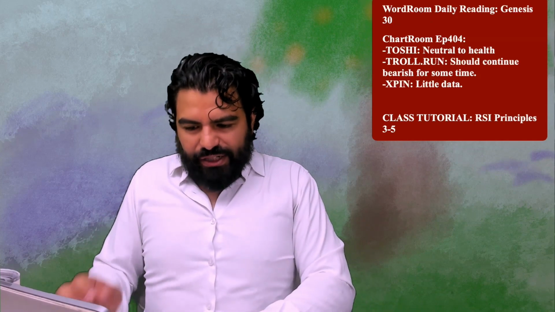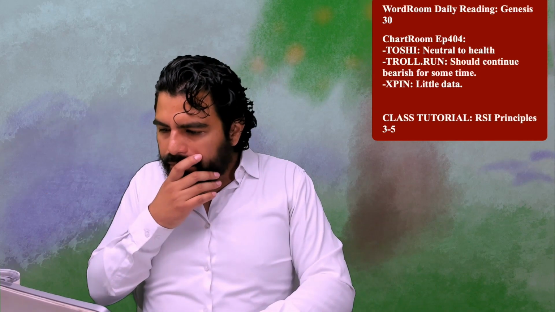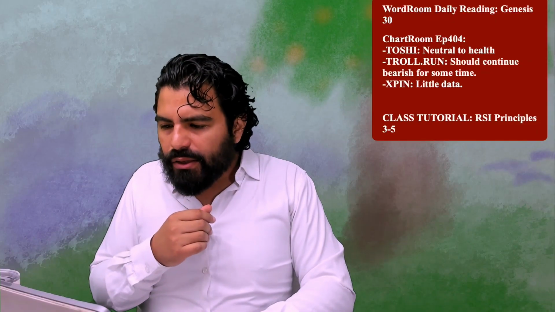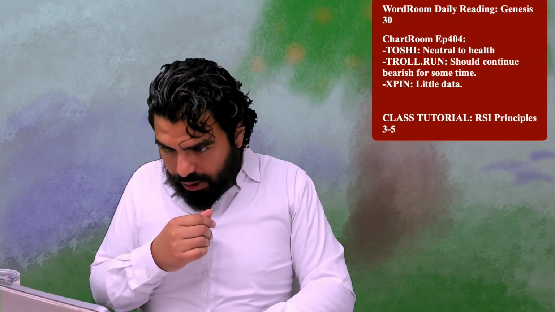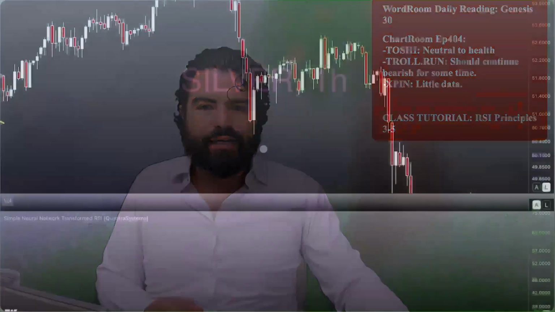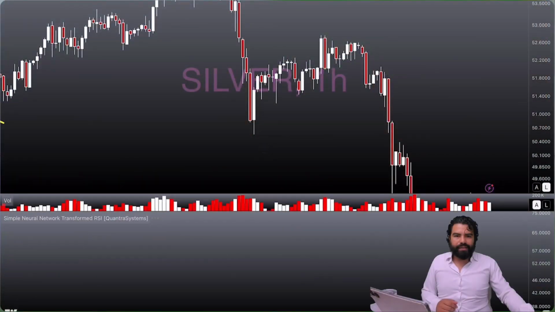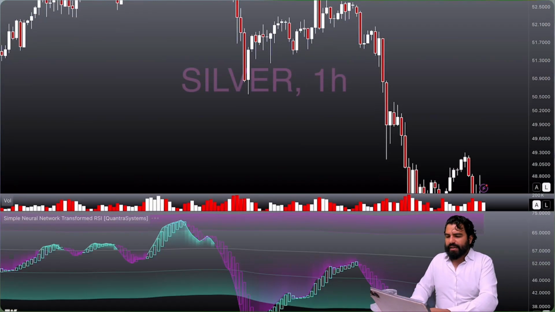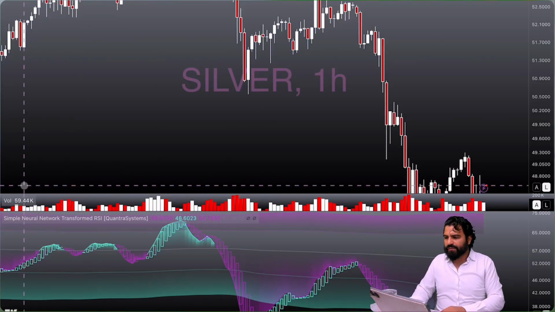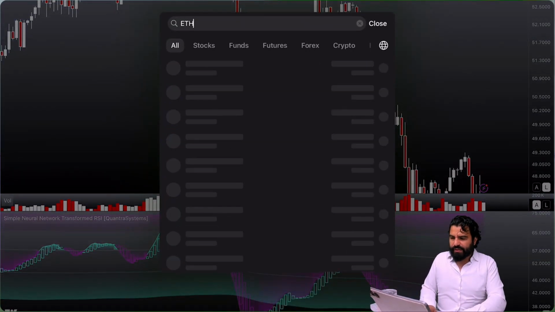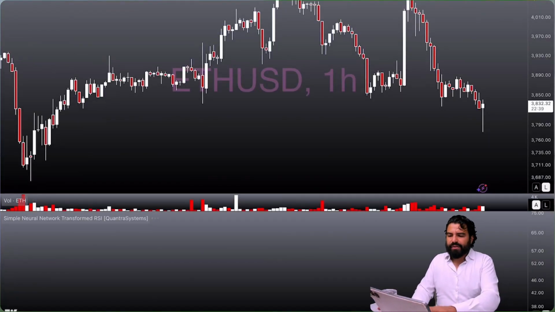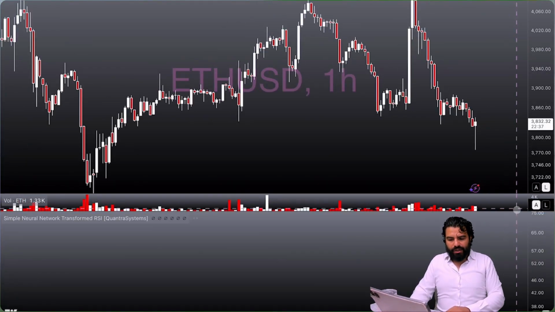Let me load a fresh chart because I don't want stuff in my way. I'm going to load RSI price base. All right, so I already have a fresh price base going on here, and we don't need volume for this, so we'll use these techniques. All right, so let's look at RSI.